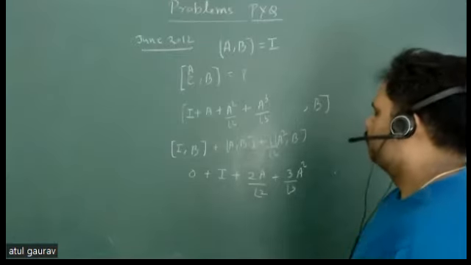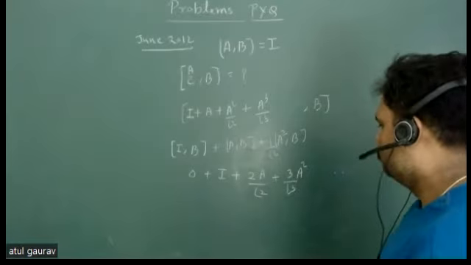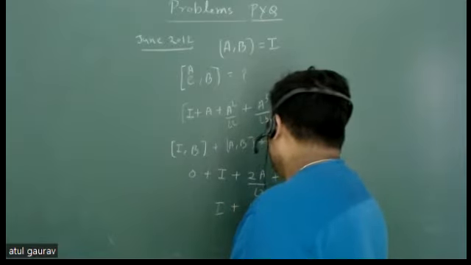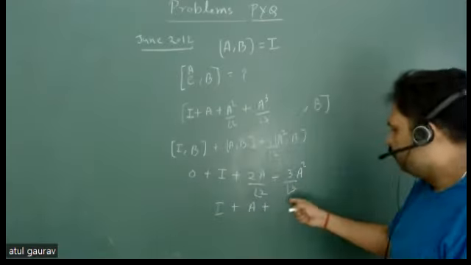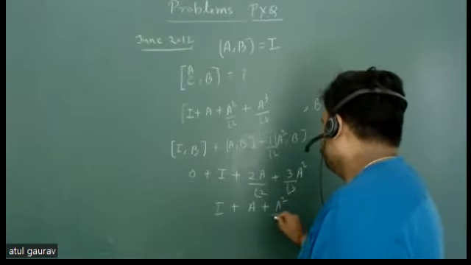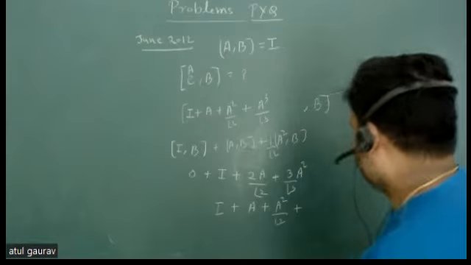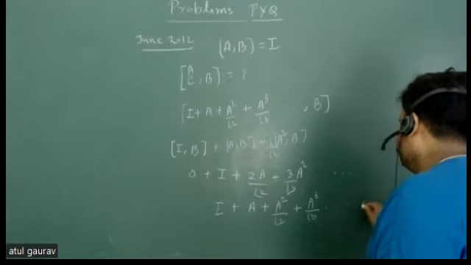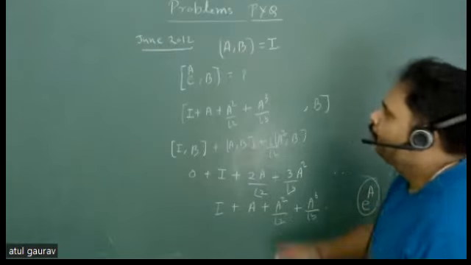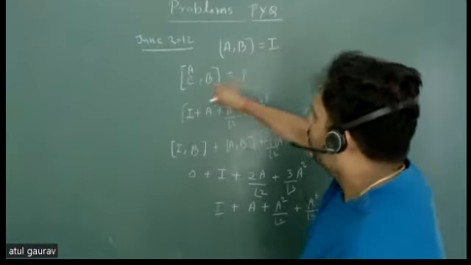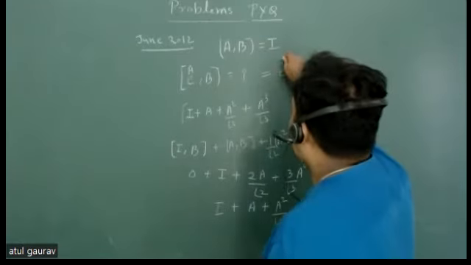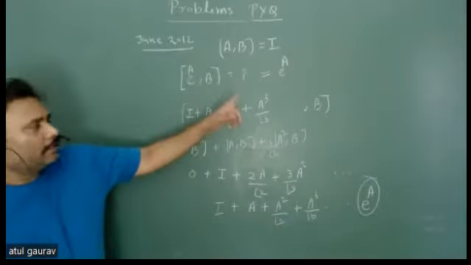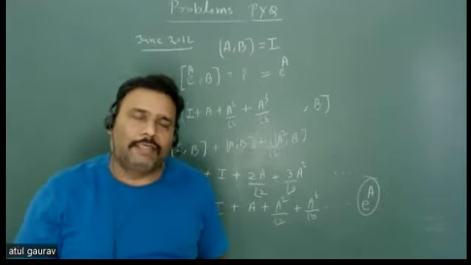So this type of recurrence relation, this type of series, will be there. So what will you ultimately get? I plus A, plus, this 3 and 3 will cancel, you have A square by factorial 2, plus the next term you can check, that will be A cube by factorial 3, and that value is equal to nothing but e to the power A. So if this holds, we can easily prove that this value is equal to e to the power A. I deliberately took this one because the next problem will be just similar to this one.